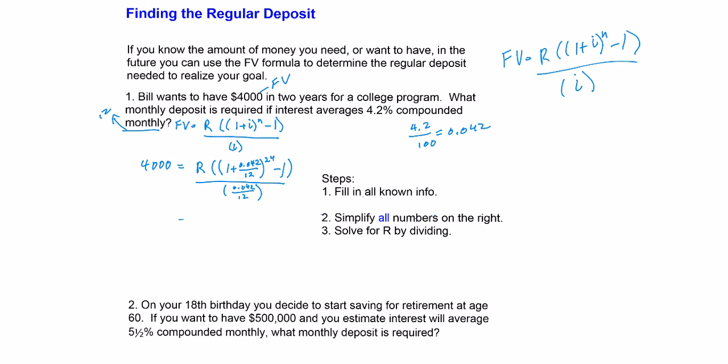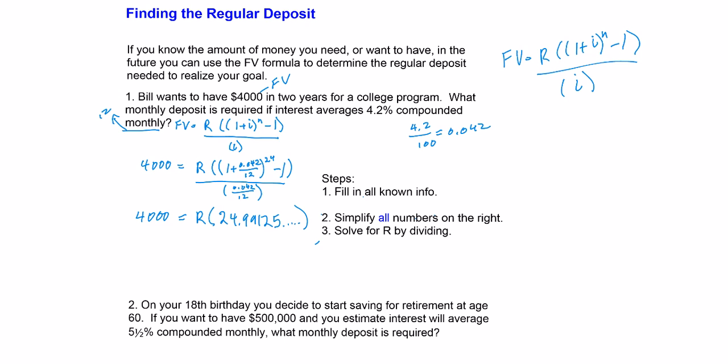By doing so, we end up having R times some ugly number, 24.99125. I usually go to about 5 or 6 digits when I'm calculating those values that sit beside R in these calculations. So now we have 4,000 equal to R times this.